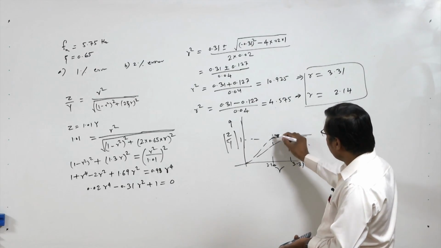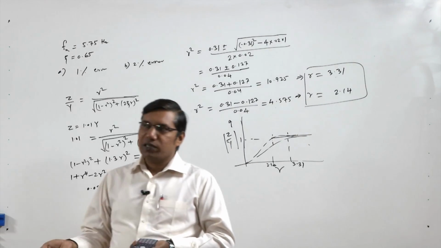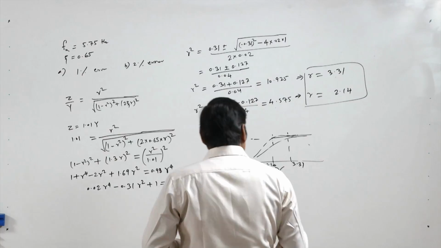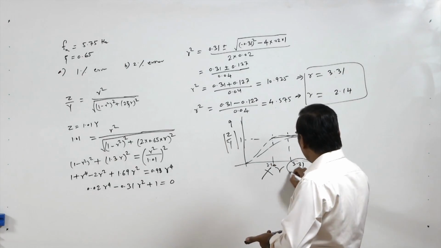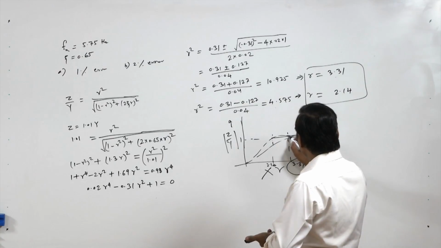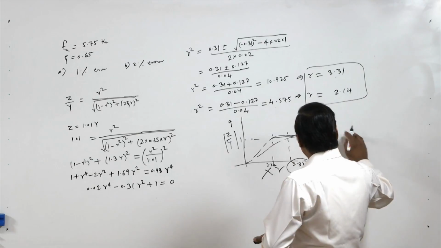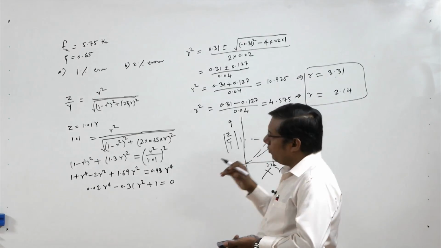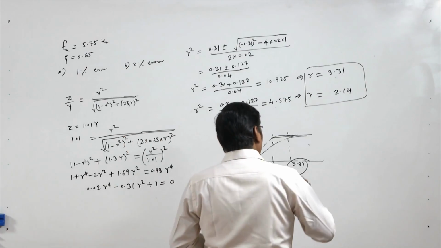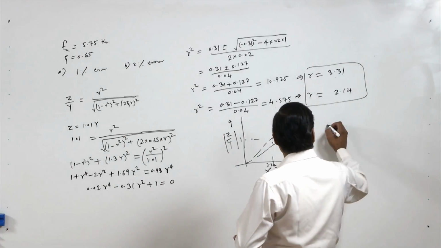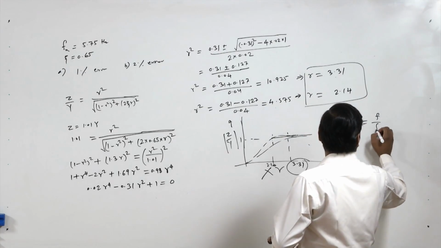In between these two points, the curve has more than 1% error, so we will not take that frequency. We will take this frequency because beyond it the curve follows 1, so it is always less than 1% error. So R we select as 3.31, and that is f upon fn.